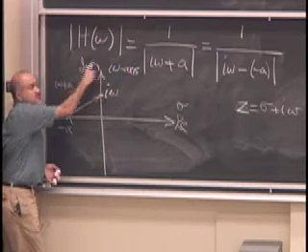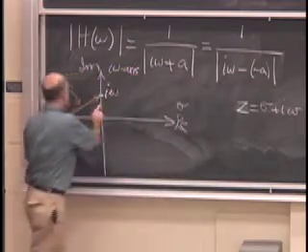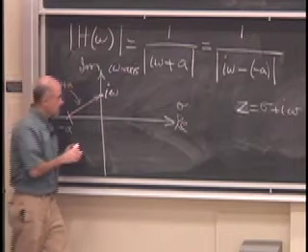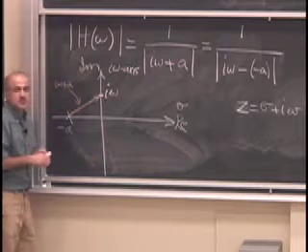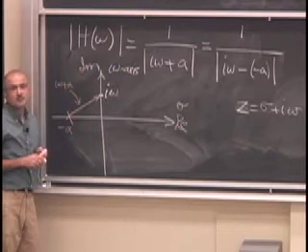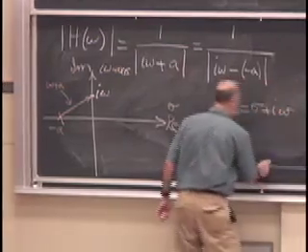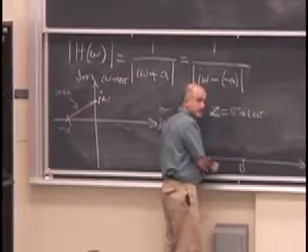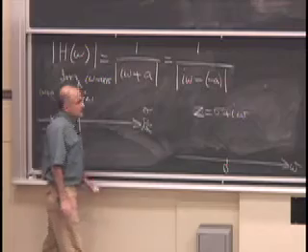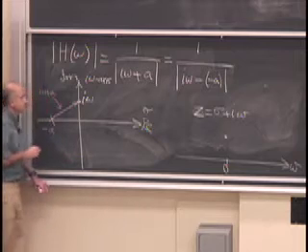And the magnitude of the frequency response is inversely proportional to the length of this vector. You see that? So where is that length the shortest? Omega equals 0. So what does that say about the magnitude at 0? It's the largest. Notice I don't put pi and minus pi anymore, because I have to plot this thing over the whole omega axis. So at 0, I know I'm at a peak. And what is the value of that peak?